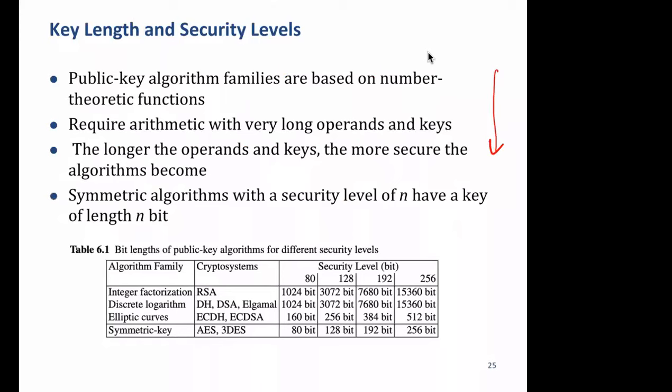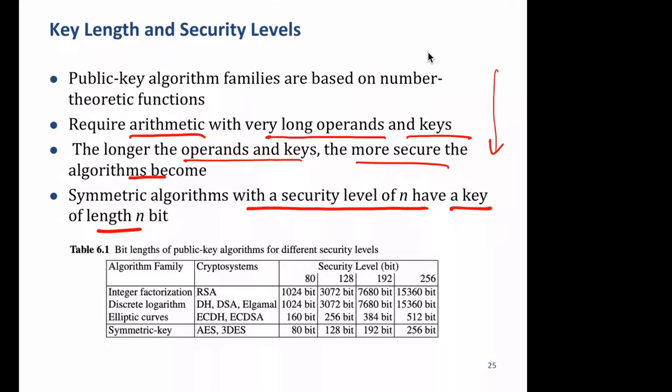In general, public key encryption requires arithmetic with very long operands and keys. The longer the operands and keys, the more secure it is. An algorithm with security level n will have a key length of n bits.